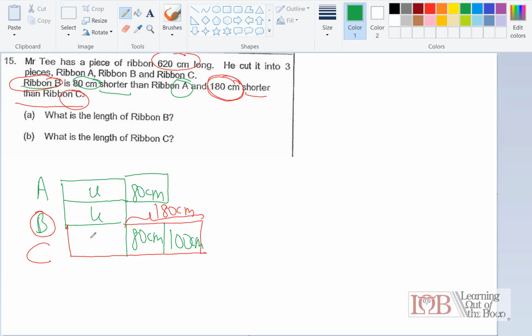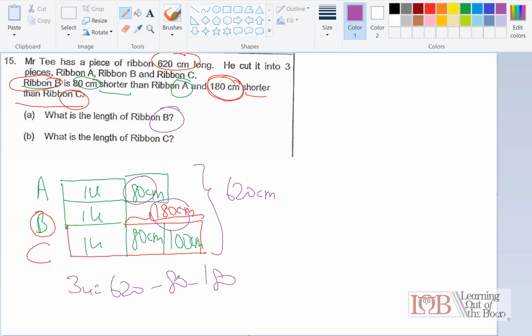Okay, so you can call this as units, 1 unit, and then the total is 620 cm. So how do you find B, which happens to be just 1 unit? So we have 3 units equals to 620 minus 80 minus 180.